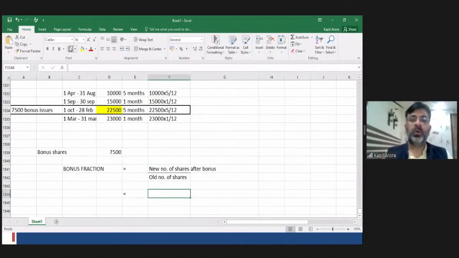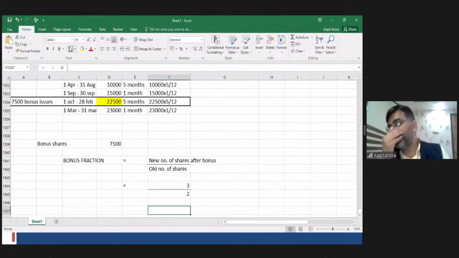So the old number was 2, and 2 was there earlier, plus 1 I have added.